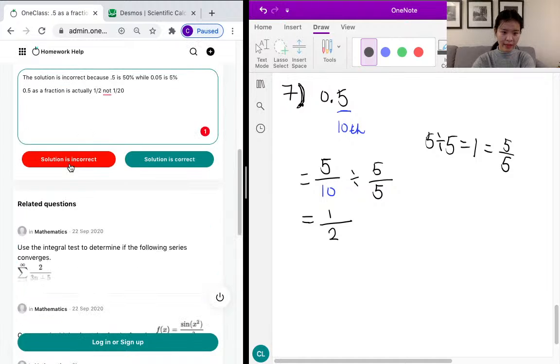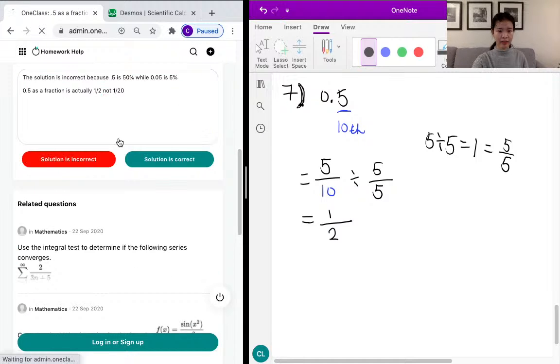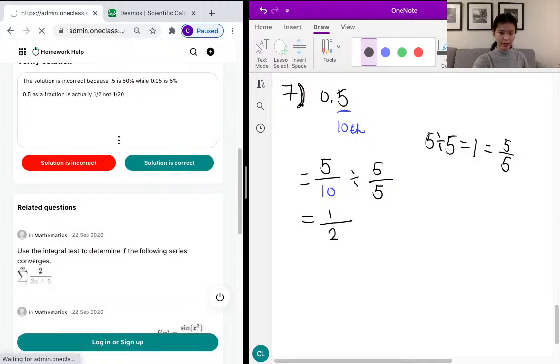Alright, so let's just say the solution is incorrect. And let's move on to our next problem.